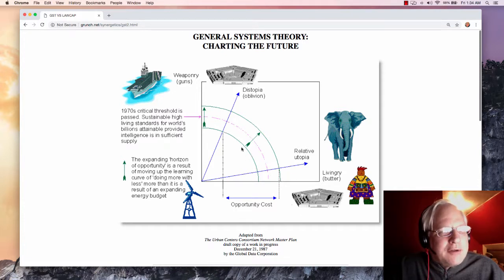So the two arrows here, dystopia and relative utopia, are premised on different horizons of possibility. The people who think we can do much better by the world, that we can really improve things for everybody, want to go in this direction, towards relative utopia.